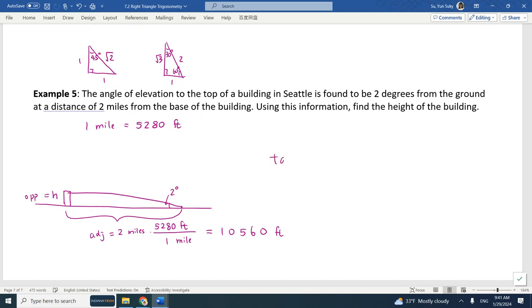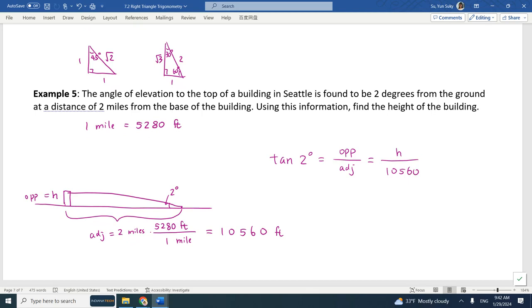So tangent of the angle, what is the angle? 2 degrees is opposite over adjacent. What is opposite? H. What is adjacent? Yes, very good. Is everybody okay with this setup?